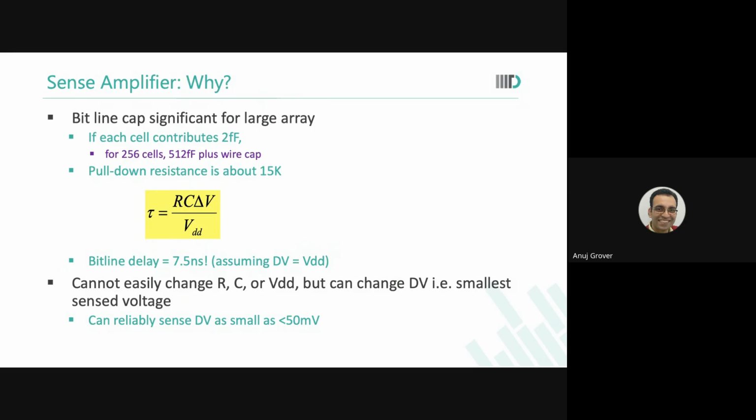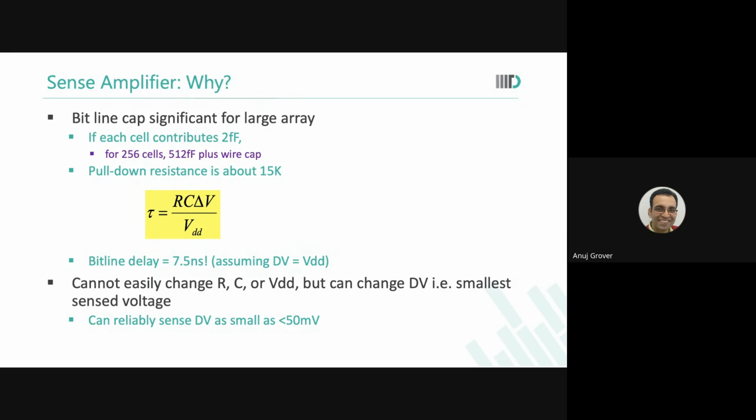The small memory cell will take a lot of time to discharge that large capacitance. So if we do not have a sense amplifier, if we want a digital 0 or a digital 1 at the output of my bit line, then it would take a lot of time for the bit line to discharge to below VDD by 2.